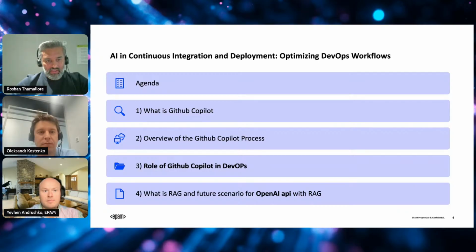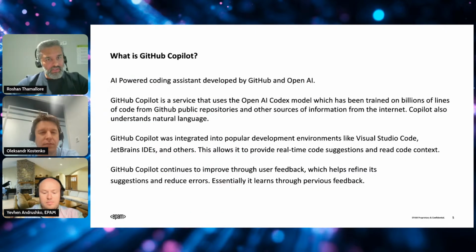The agenda is as mentioned here, and I will also include some sample Copilot prompts that I have prepared to show the audience. So let me go right into the first point of the agenda, which is what is GitHub Copilot. GitHub Copilot is an AI-powered coding assistant developed by GitHub and OpenAI.